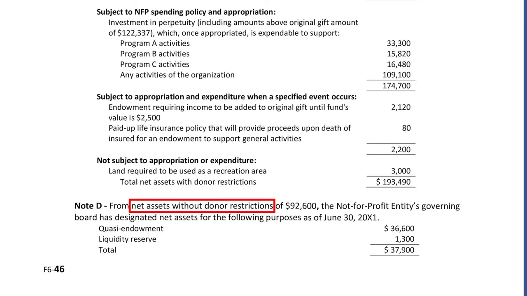And the reason for this is, put a bracket and write, these are internal restrictions, not donor imposed. So if there are certain net assets which have internal restrictions by the entity's governing board, not by donors, that's still net assets without donor restrictions, or we could call them unrestricted net assets. Right there, UNA.